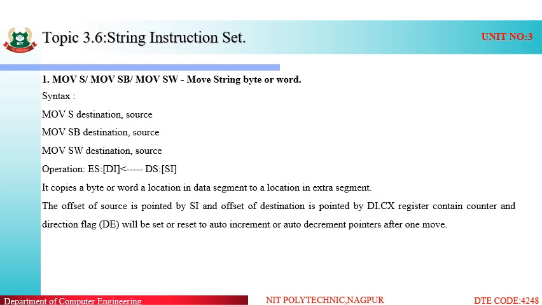So MOVS, MOVSB or MOVSW will move the string from the data segment to the extra segment. The data segment will be pointed by the SI register, that is source index, because the data segment is the source and the extra segment is the destination.